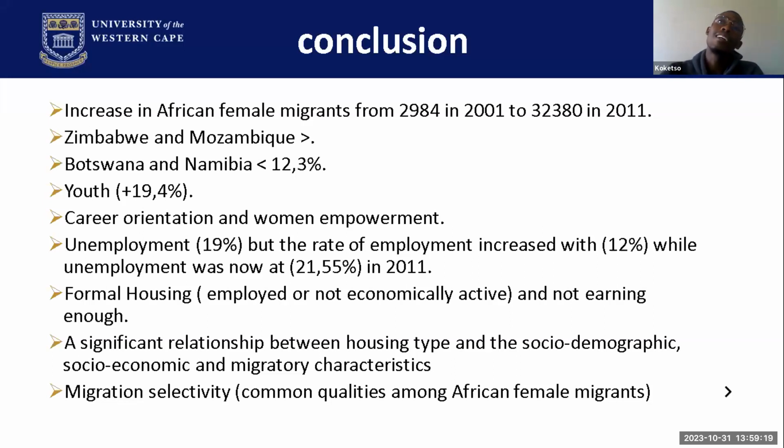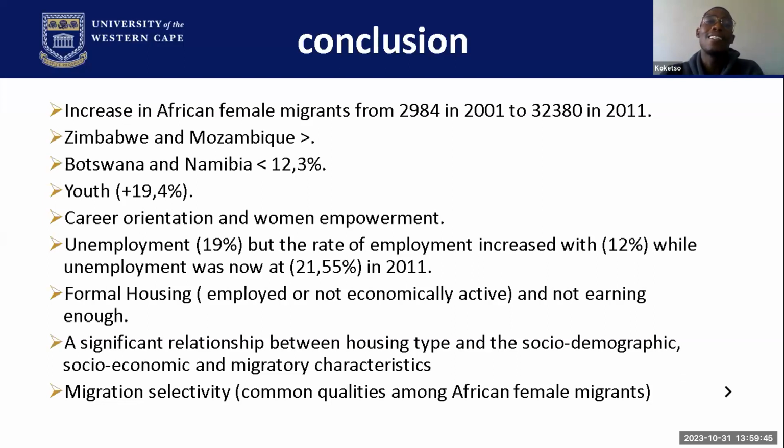I think it was a 13% increase in employment amongst African female migrants in 2011. However, the employment rate was still low. Most African female migrants were seen to be living in informal housing.